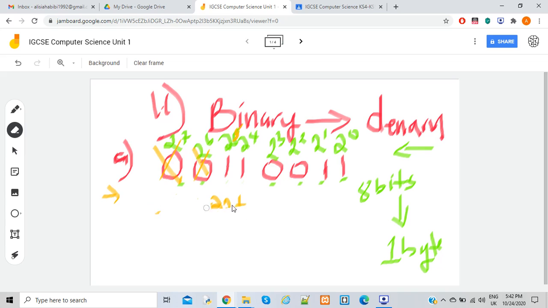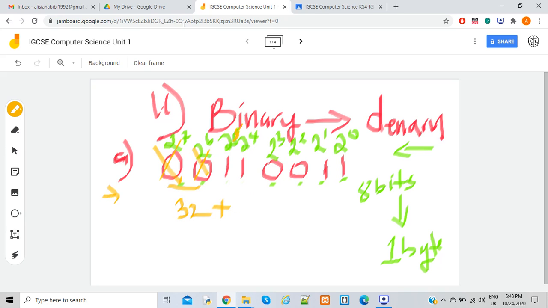So if you want, you can just leave the zeros out. Once you see anything that contains a 0 with a power of 2, you don't have to count it out, you just start with the ones that contain the 1. So 1 times 2 to the power of 5 is 32, and you put a plus sign.